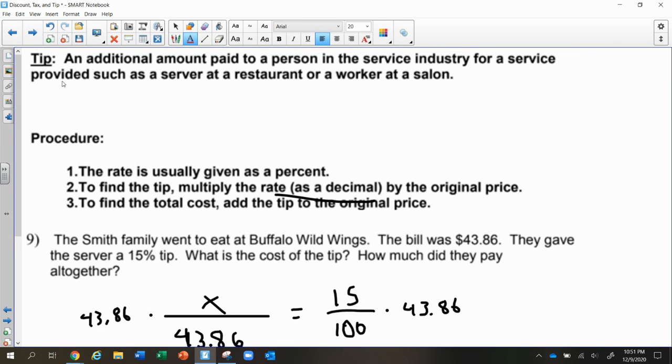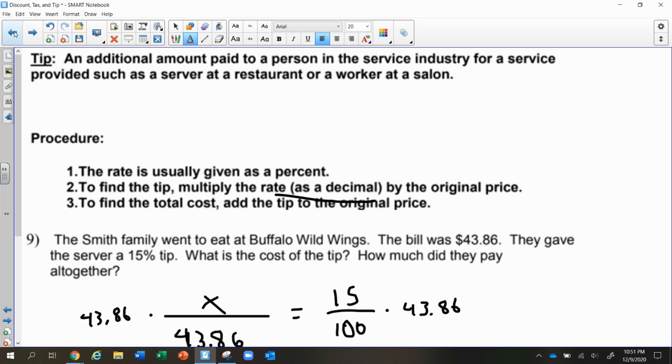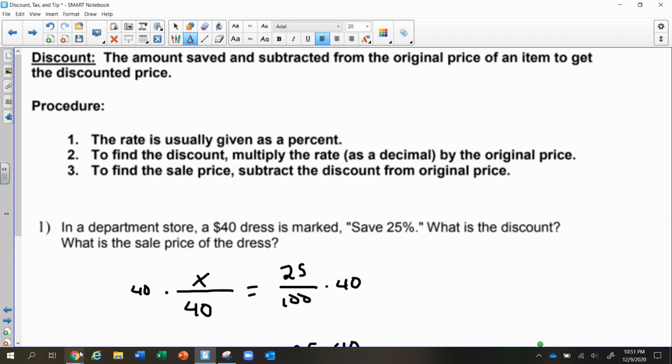Tax, you're going to have some practice. Tip and gratuity, you're going to have some practice. So you have a couple days to do that. You have Thursday and Friday to be working on this. You have all that time to be emailing me, asking me questions as well. So hopefully it's making sense. And then you'll let me know if you have any issues.